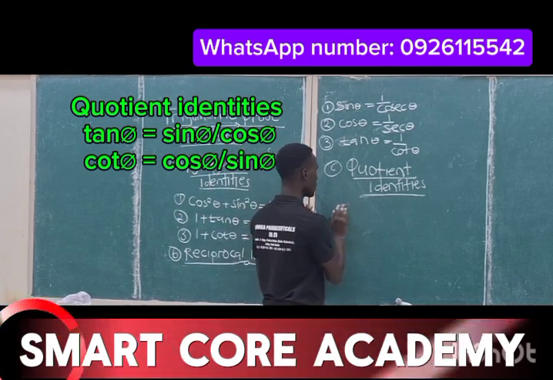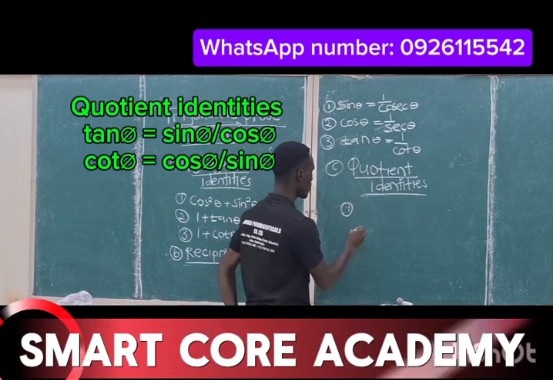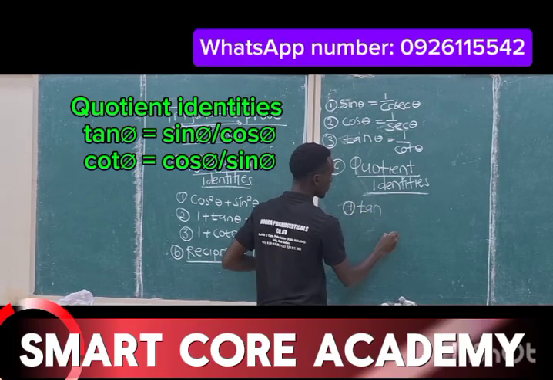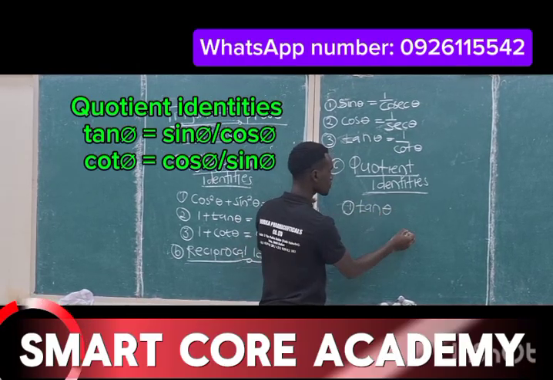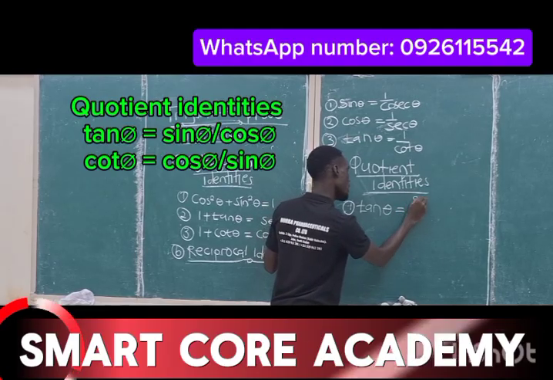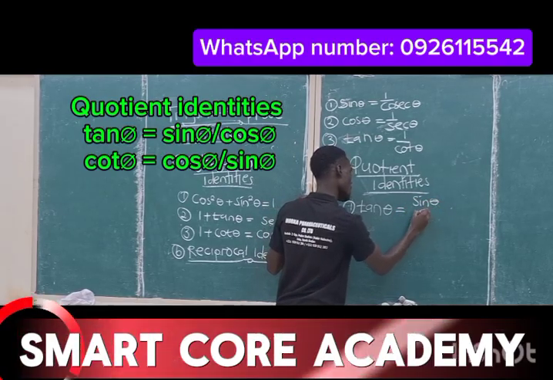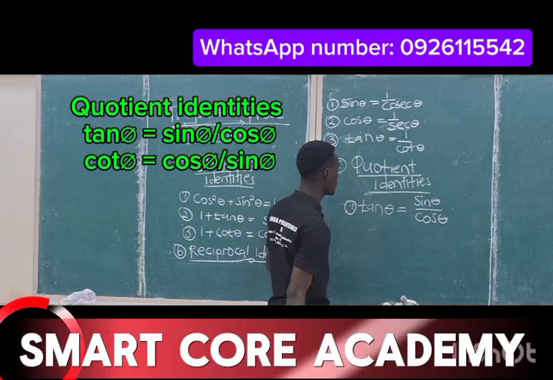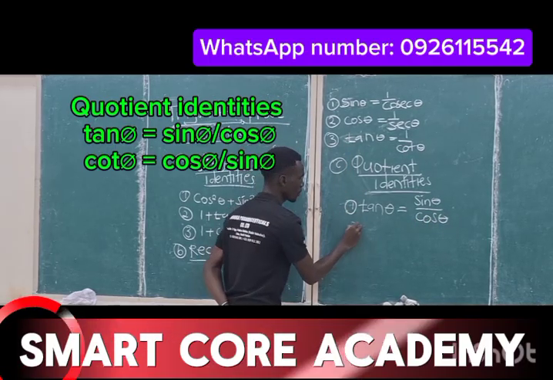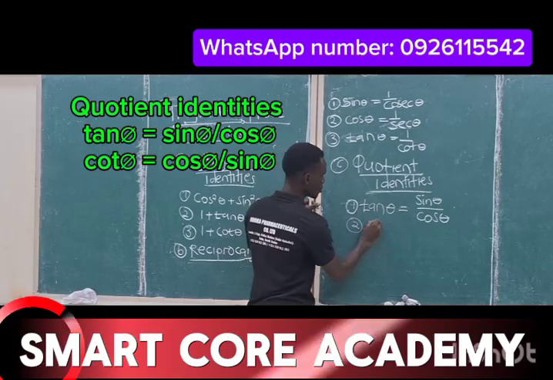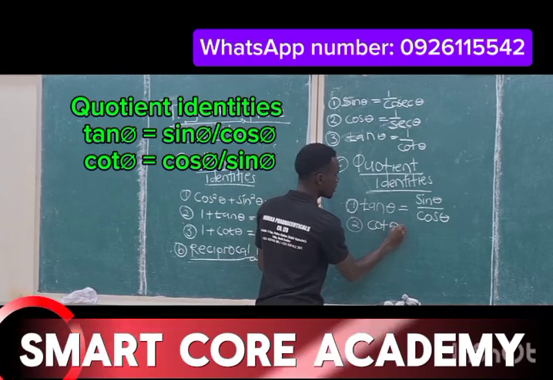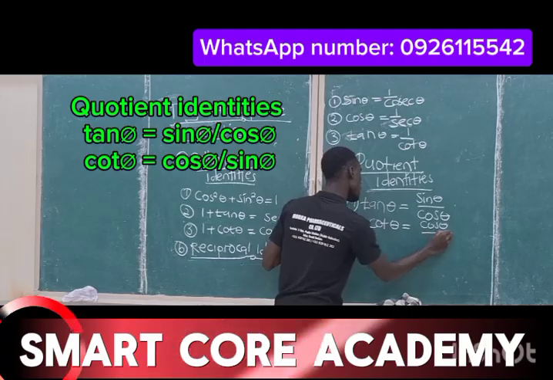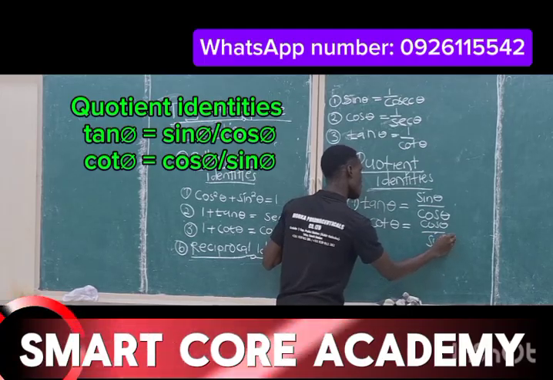Number 1, we say that tan theta is equals to sine theta all over cos theta. 2, say that cot theta is equals to cos theta all over sine theta.